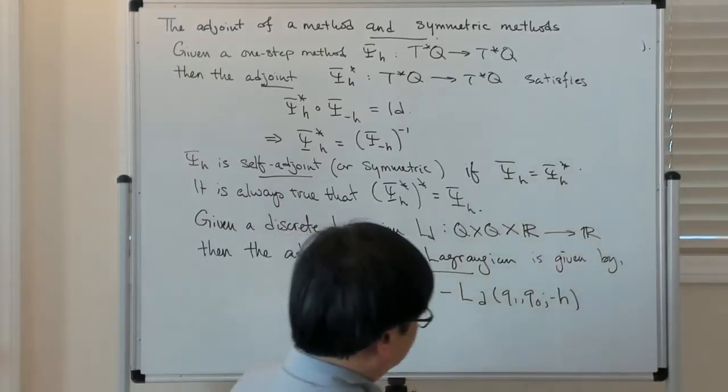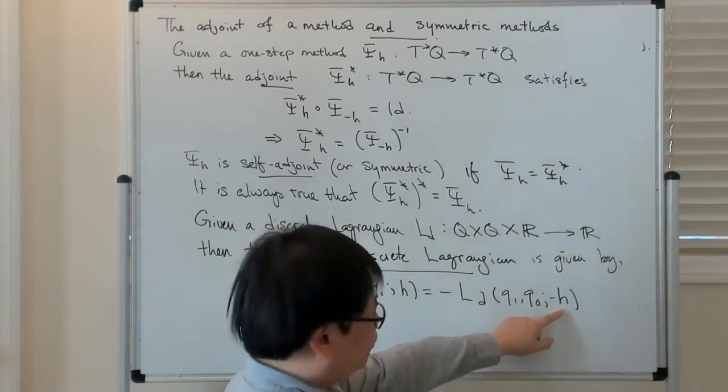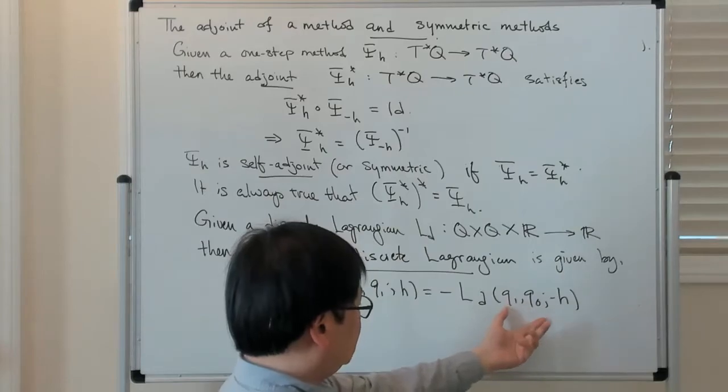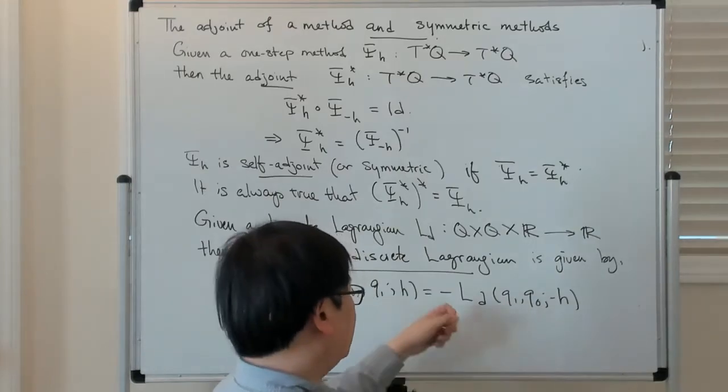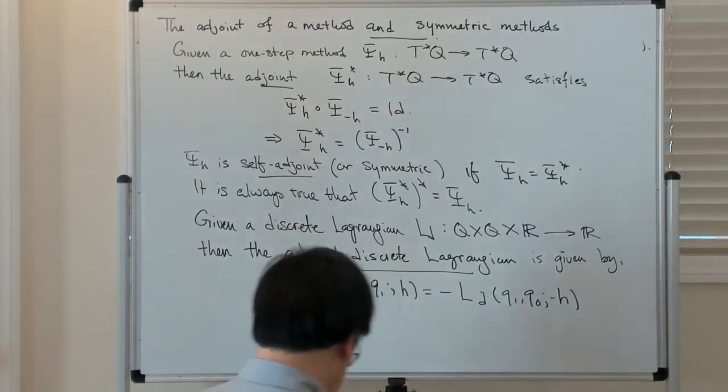So what you do is replace every instance of H with minus H, swap Q0 and Q1, and then take the negative of it all.